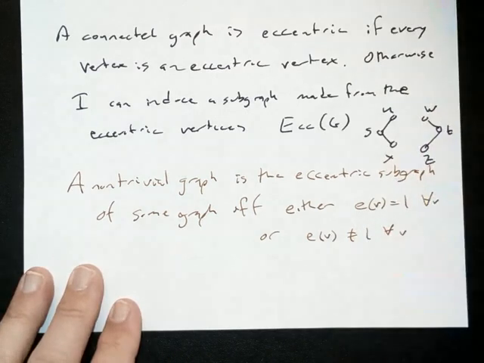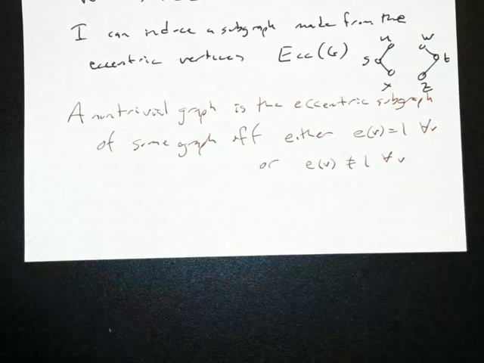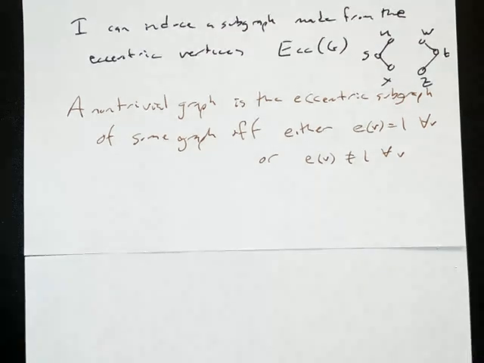Now, our definition of eccentric was that we had an eccentric vertex if we could find something that was furthest from it, right? There was a vertex that it was furthest from. Match the eccentricity.